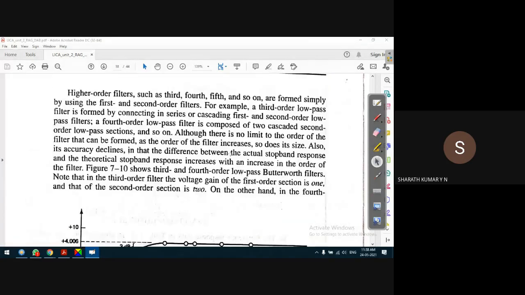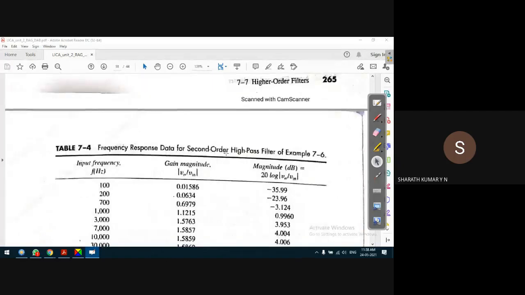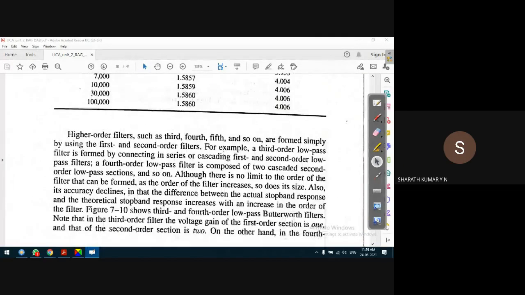Second order high pass Butterworth filters. Higher order filters such as third order, fourth and fifth and so on are formed simply by using first and second order filters. For example, a third order low pass filter is formed by connecting in series, cascading, first and second order low pass filters.